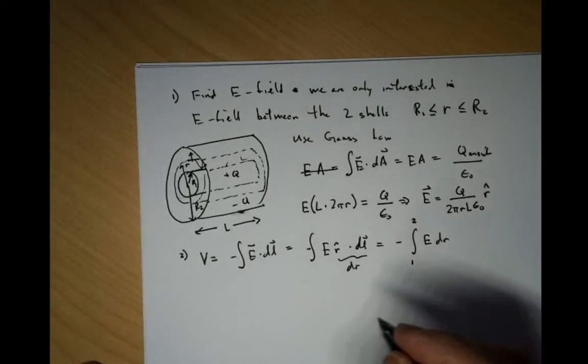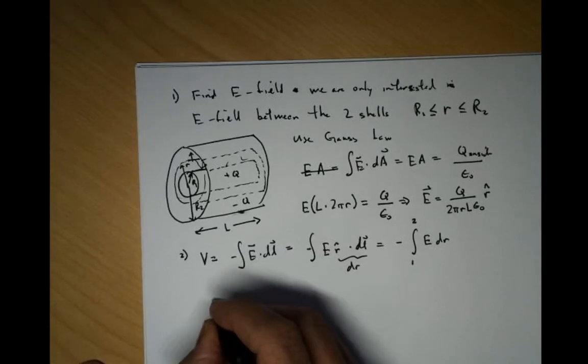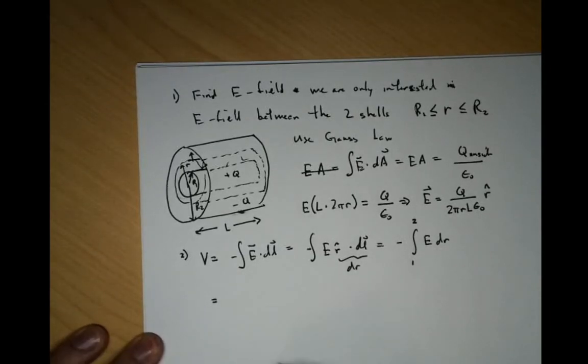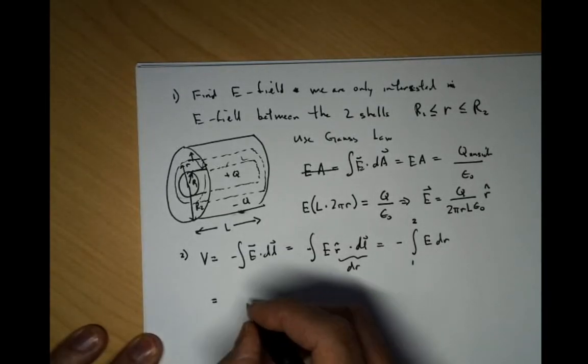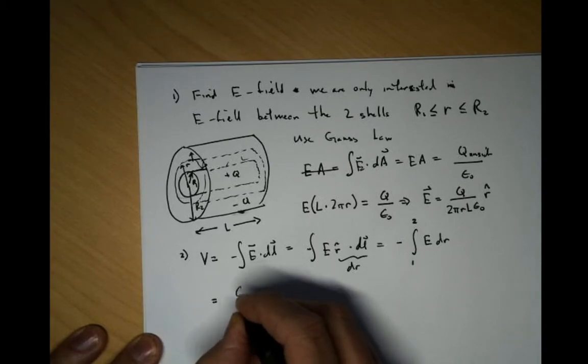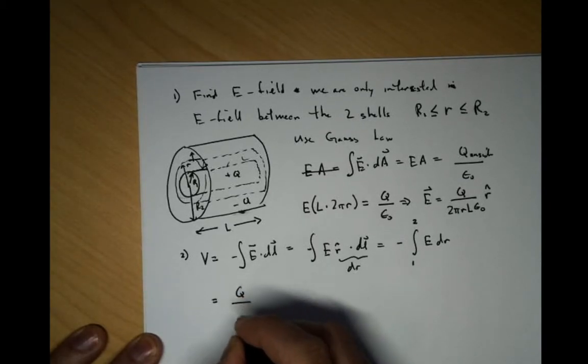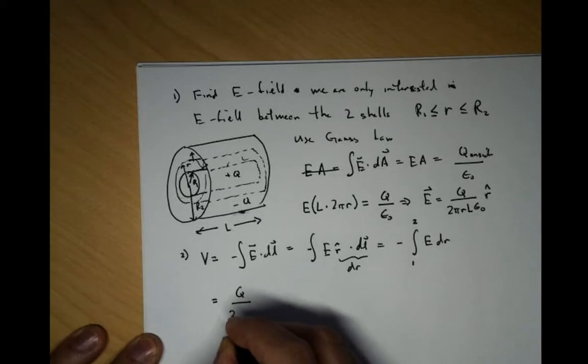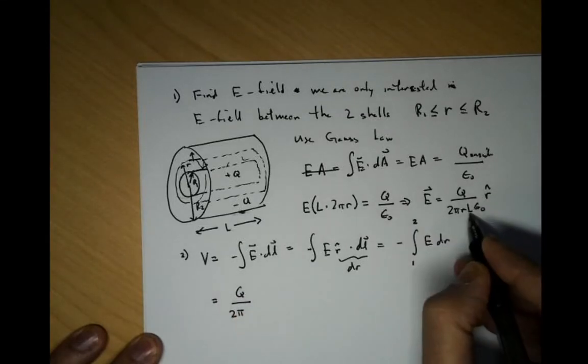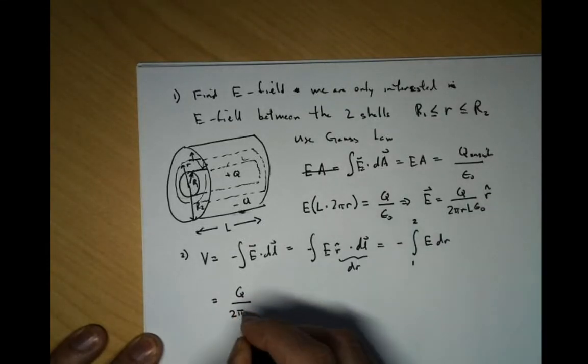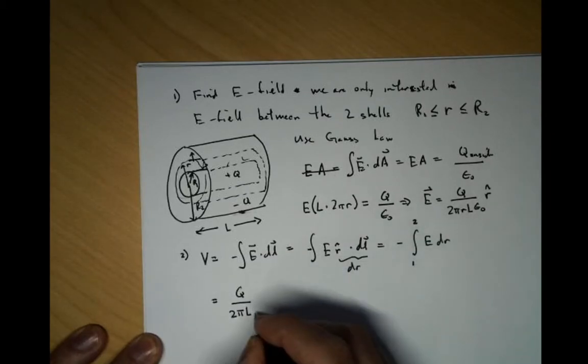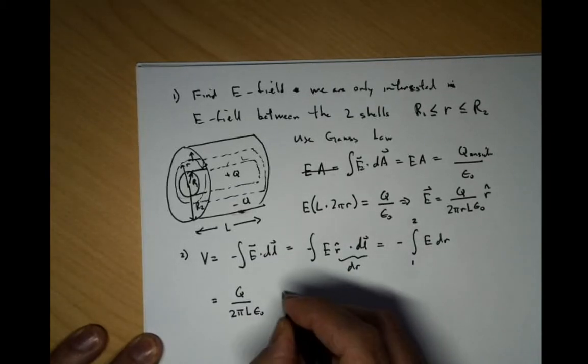Okay. So let's go ahead and do this now. This is going to be equal to Q over 2 pi, I'm taking all the constants out. So 2 pi is a constant, L is a constant, epsilon naught is a constant.